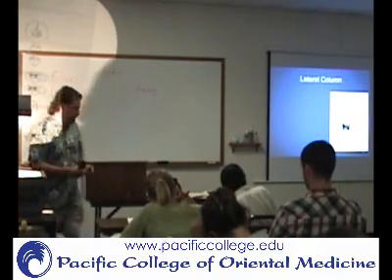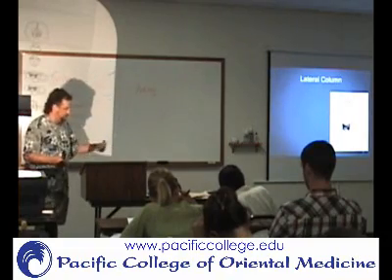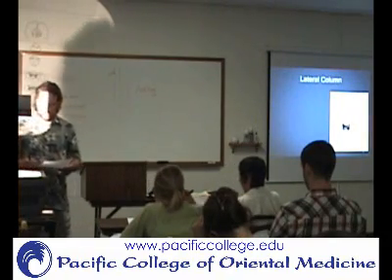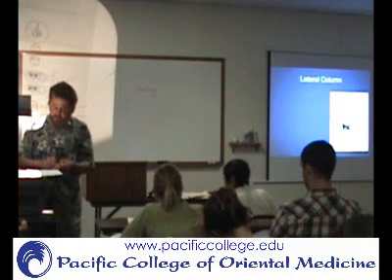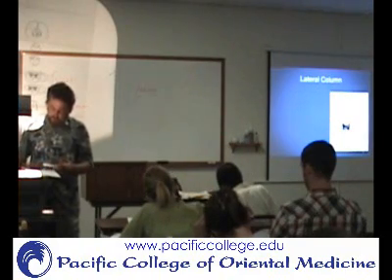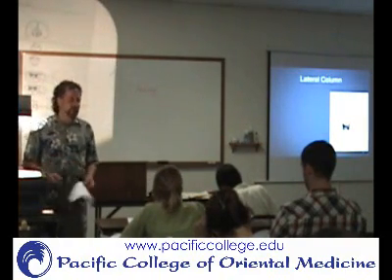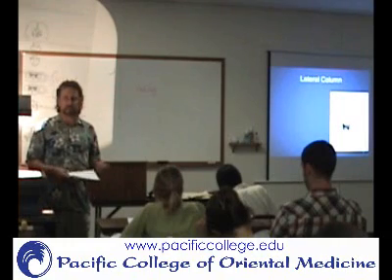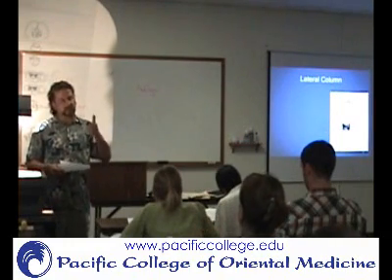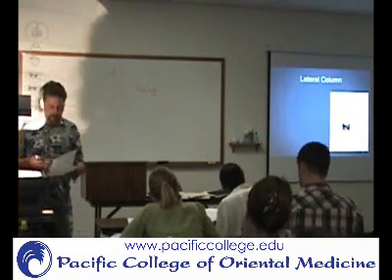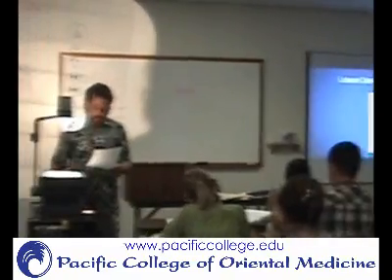Here. So then we have lateral spinothalamic. So spinothalamic, what does that tell us? So it's ascending, so it's going to be sensory. Okay. So this is going to be pain and temperature.